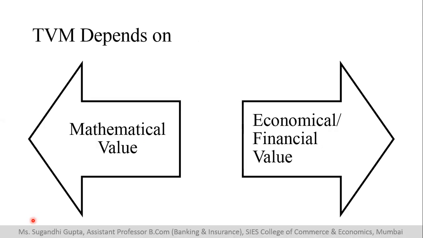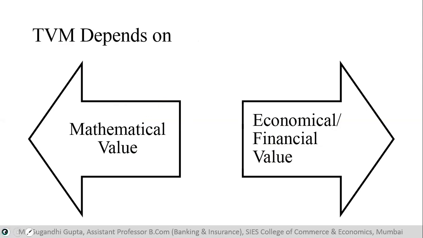Now, when I say time value of money, there are two values attached to money. One being mathematical value, another being economical or financial value. So, when I refer to the concept of time value of money, it refers to the economical or the financial value of the money and not the mathematical value of the money. To differentiate between the two, I would like to give you an example.